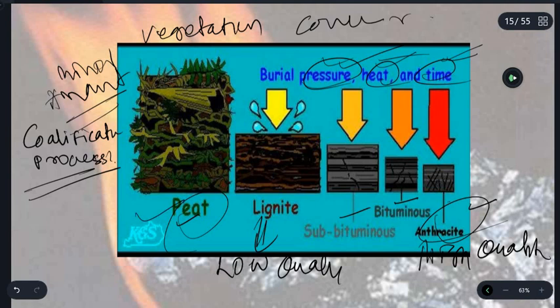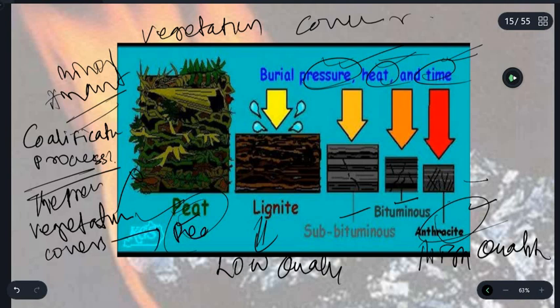And that means you are saying this whole process is qualification. ये सारा एक साथ? No, combinedly, no. This is not qualification. Qualification process means the process in which the vegetation cover converts into peat. This is called qualification process. Not from the peat, lignite and bituminous to anthracite.